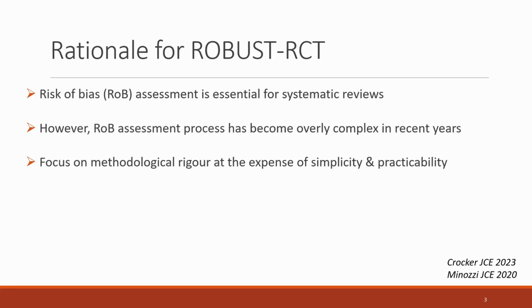And we see there that the tools have become more and more complex. And so there seemed to be also a focus on methodological rigor, which is by itself something good, of course. However, it seems to come often at the expense of simplicity and practicability.